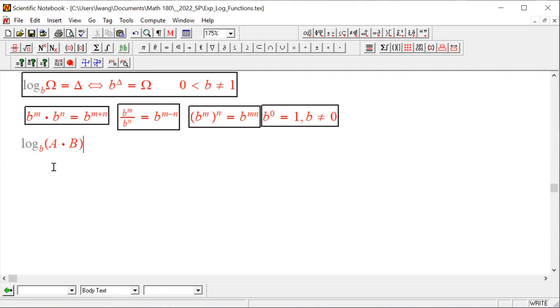Suppose they're all in the domain. We know the domain must be positive, so A is positive, B is positive. So we have a proviso: b is not equal to 1, capital A is larger than 0, capital B is larger than 0. What would this be equal to?